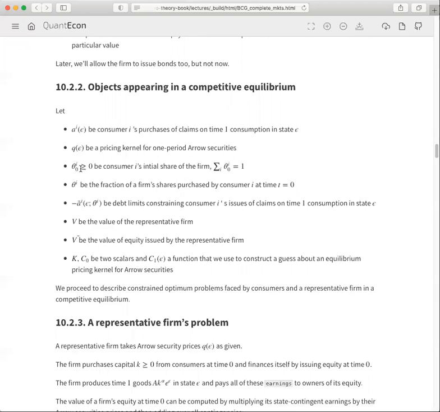So this is the initial, and then this is what you decide to purchase. Now since I have these Arrow securities being traded, I'm going to have debt limits that constrain firm I's issues of claims on time 1 consumption in state epsilon. So these are going to be my debt limits.